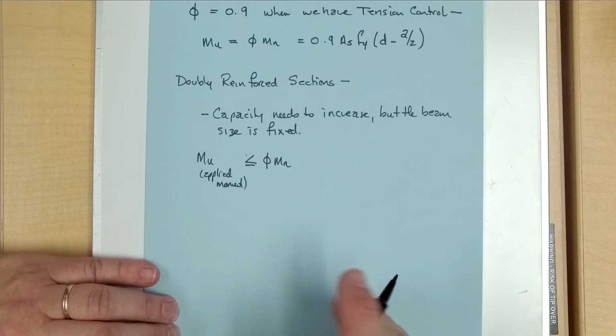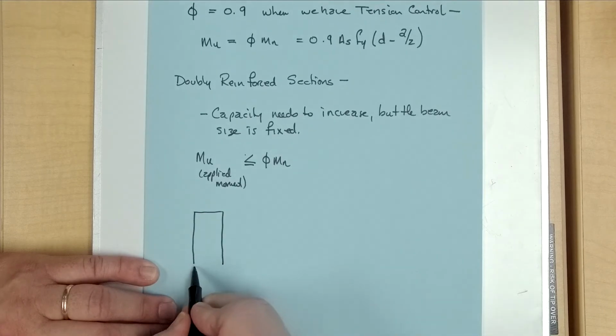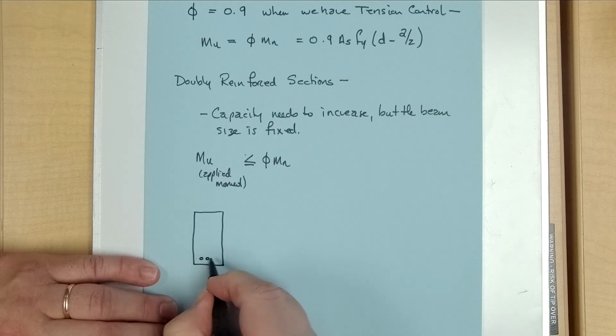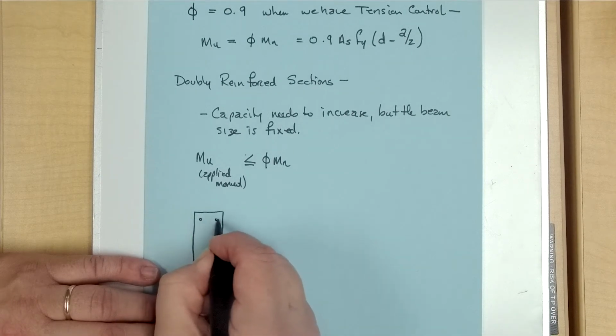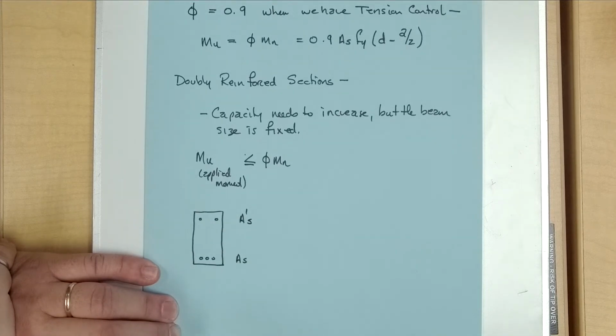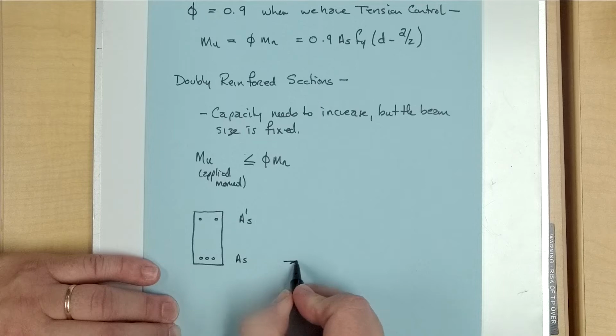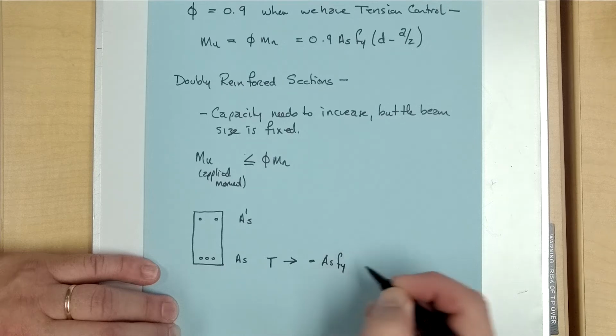So, our doubly reinforced sections, we have reinforcement at the base, and we have reinforcement in the compression zone. Down here, we have a tension force, and that tension force is equal to A sub s F sub y.